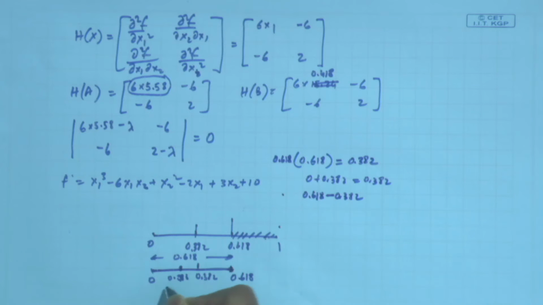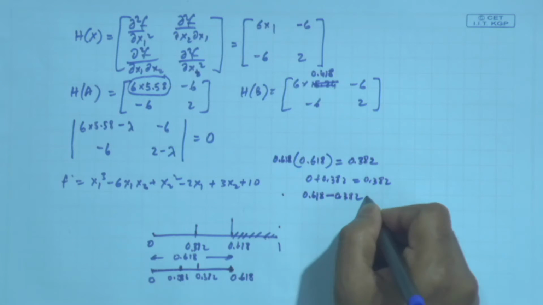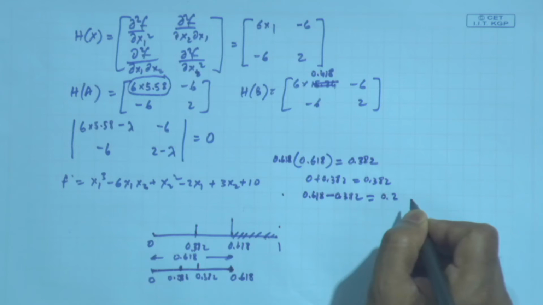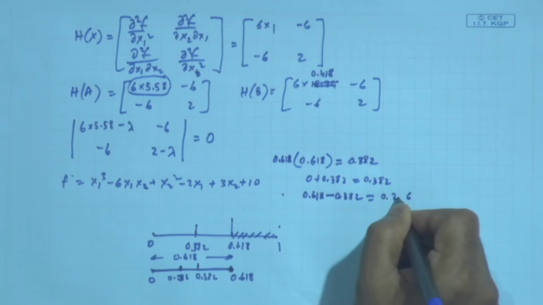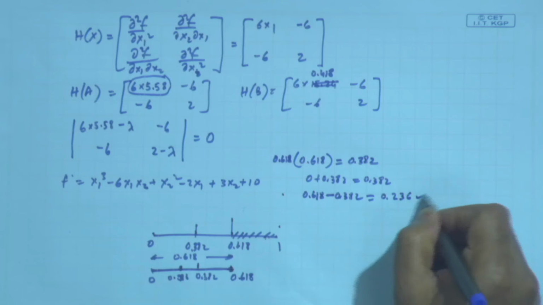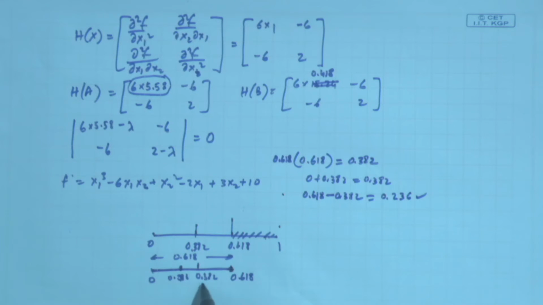From this end I will go 0.382. So this you compute and you will probably see this as 0.2 something, 6 and 3. So this is 1 point, 0.236, and this is another point, 0.382.